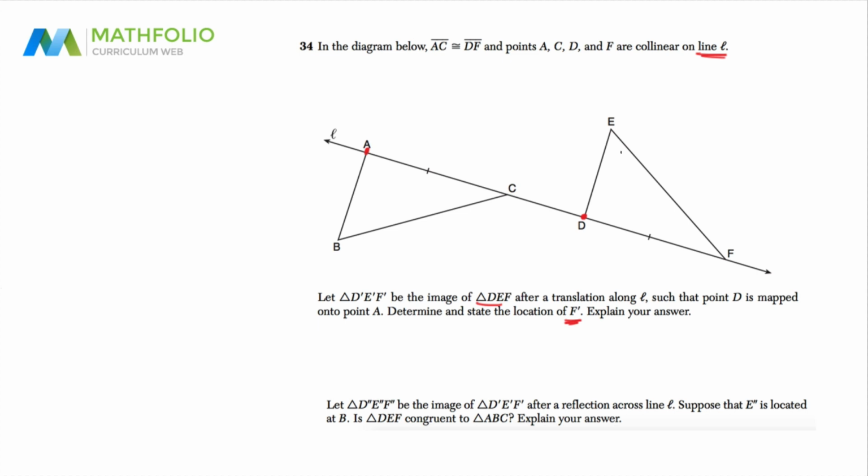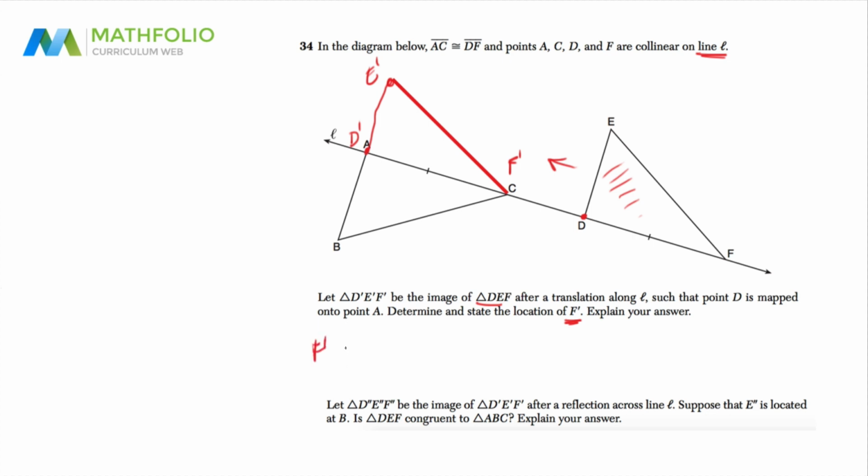Well, if we move this whole shape up, then D prime is going to be right on top of A. E prime is going to be up here. And F prime, terrible drawing. So I'm going to go grab my little arrow, straight line. So now we know that F prime is going to be where C is. So this whole shape moved up. So it says determine and state the location of F prime.